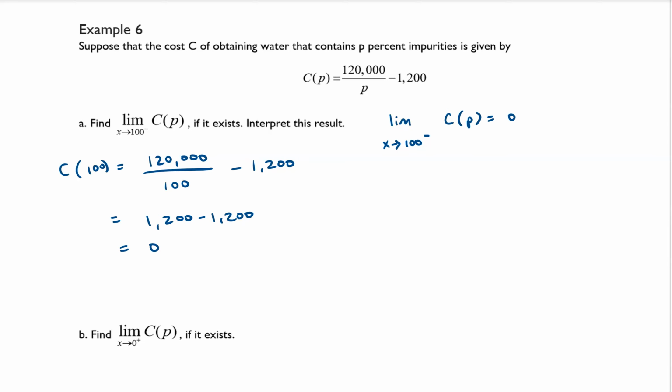Now what that means is as we get less and less impurities out, so basically 100% means that it's just like the natural water and it's not filtered at all and it has all of its impurities. The cost of obtaining that water approaches $0.